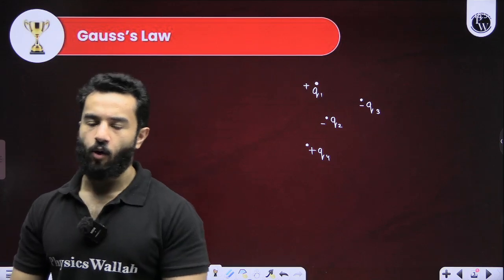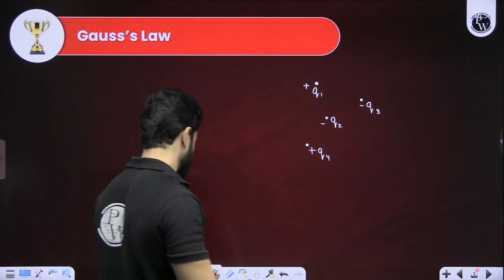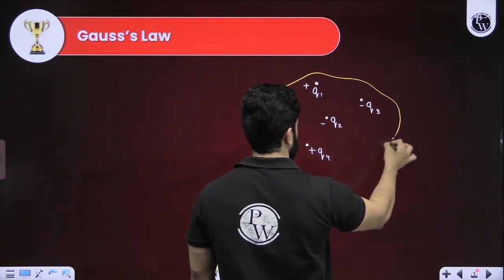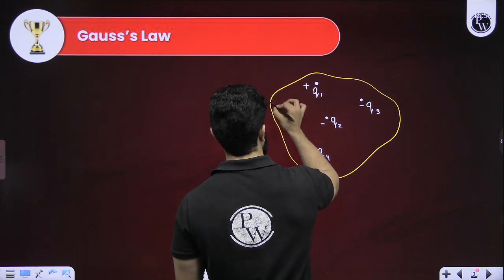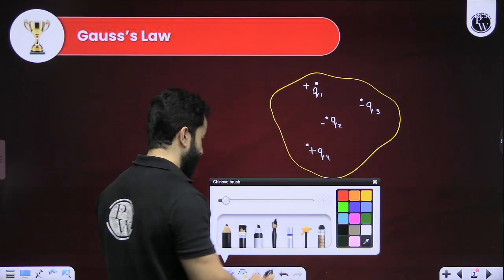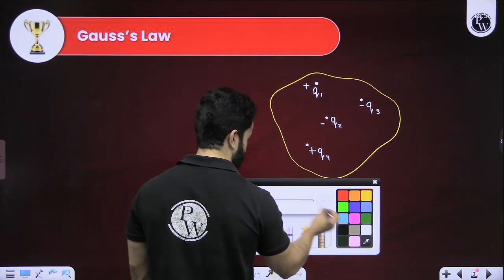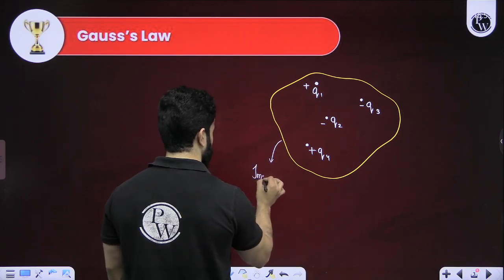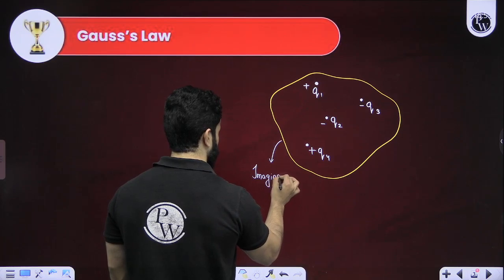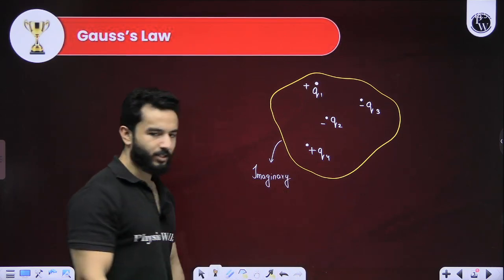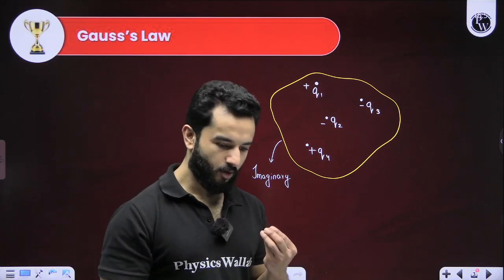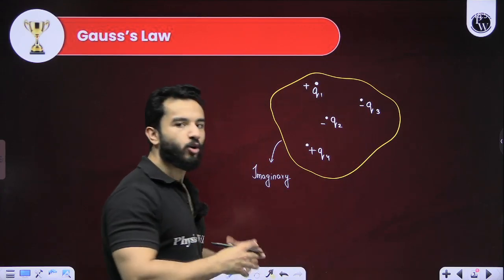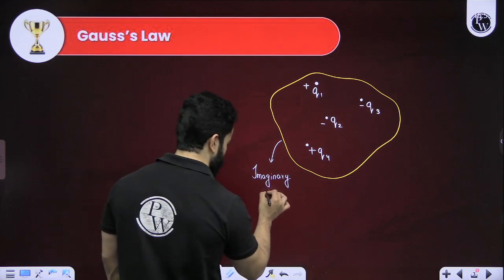And we are drawing an imaginary surface containing these charges. Please note that this is an imaginary surface. The role of this imaginary surface is to contain, to enclose the charges.